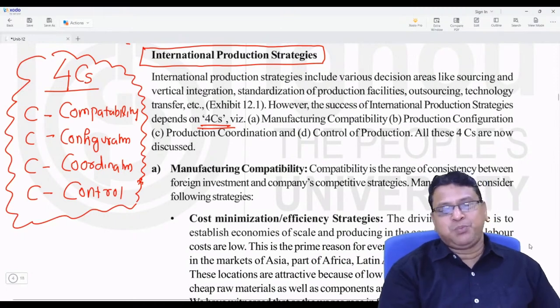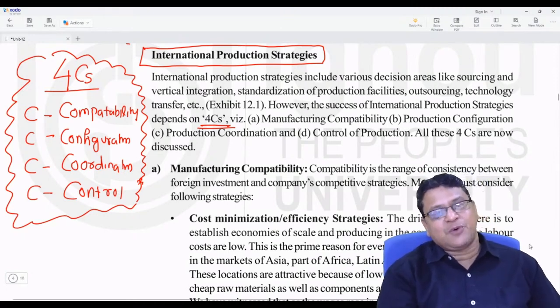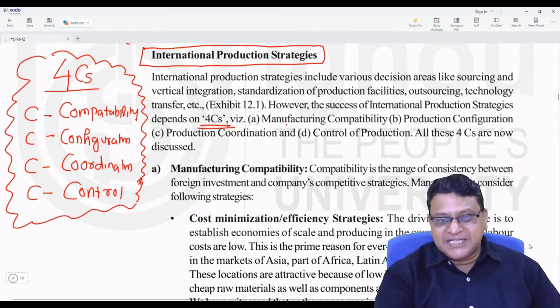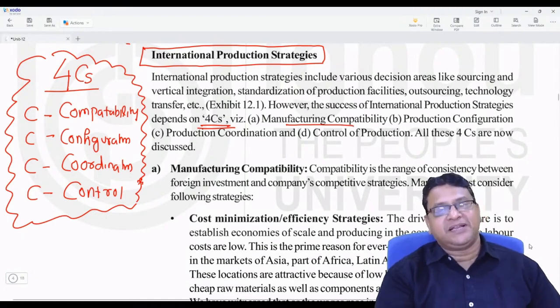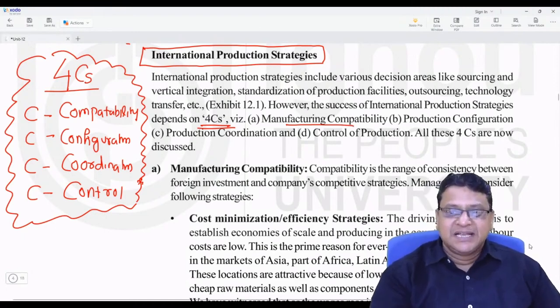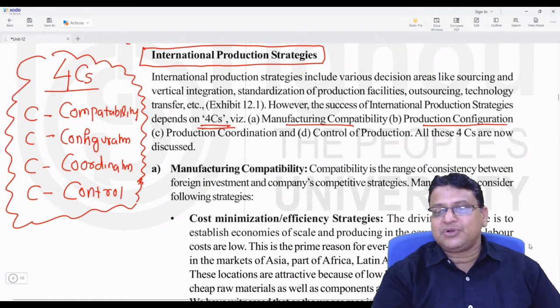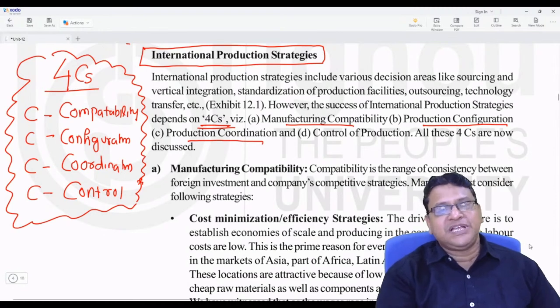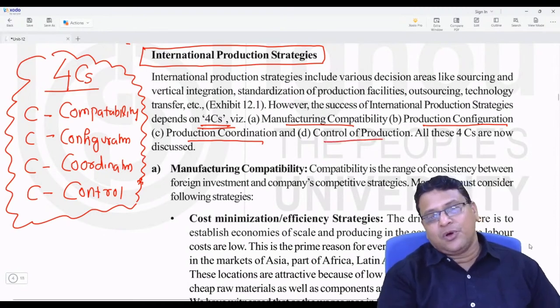We'll discuss these four C's in the context of production management. First C is compatibility, that is manufacturing compatibility. Second C is configuration, production configuration. Third C is coordination, that is production coordination. And fourth C is control, that is control of production.